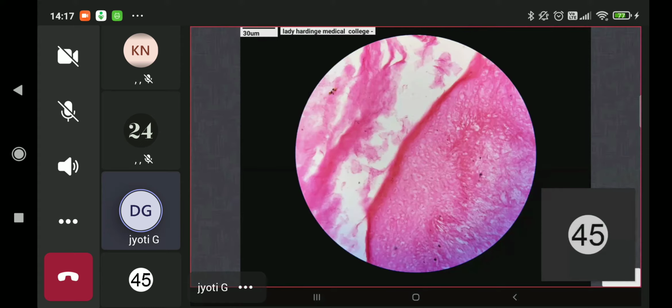Is it visible on your screens? Can you all see keratinizing stratified squamous epithelium?